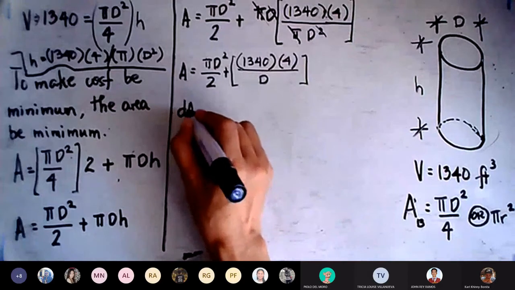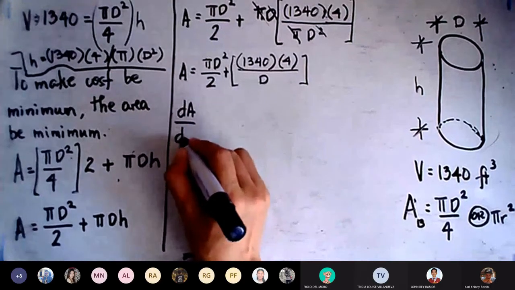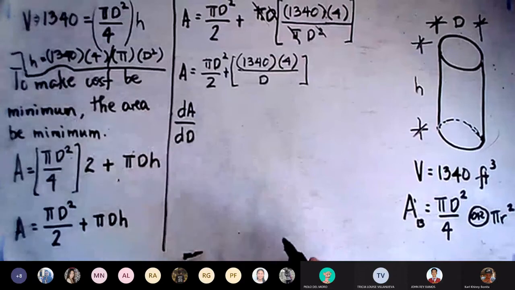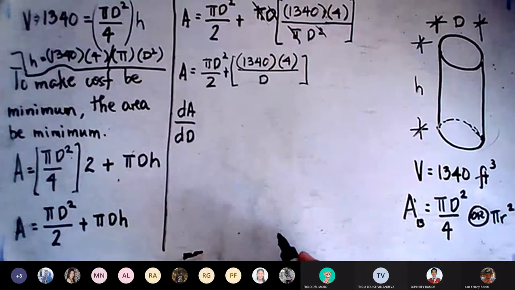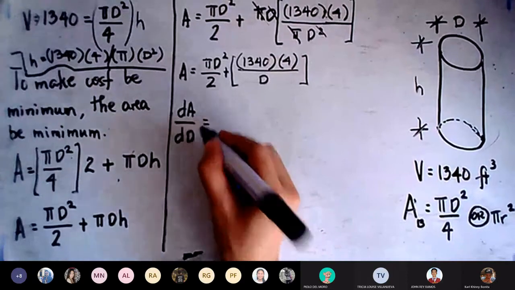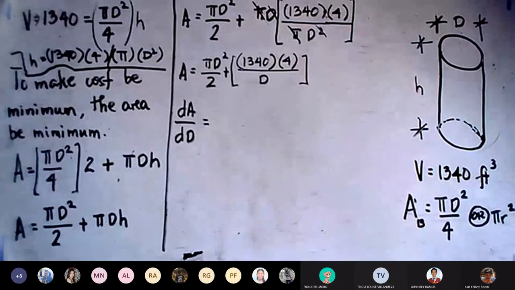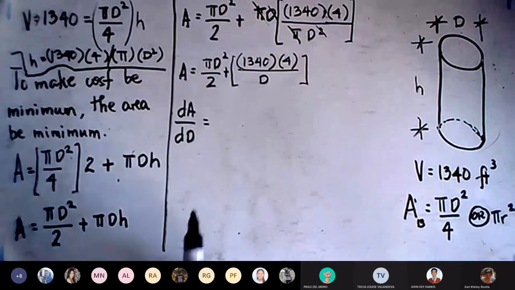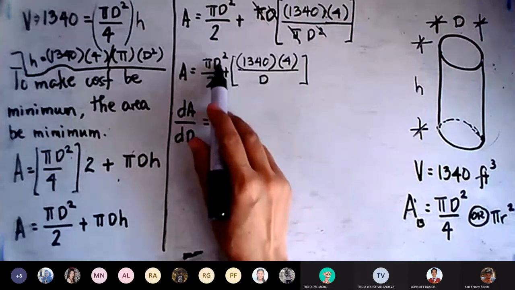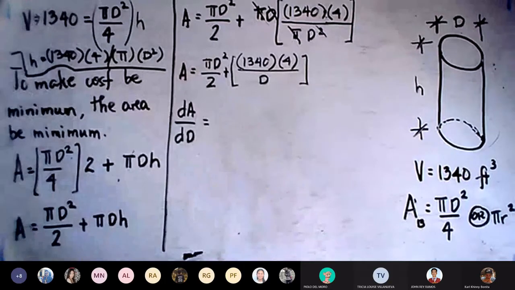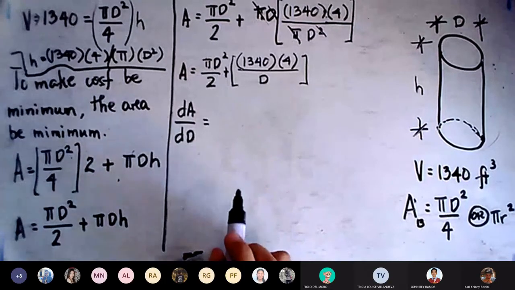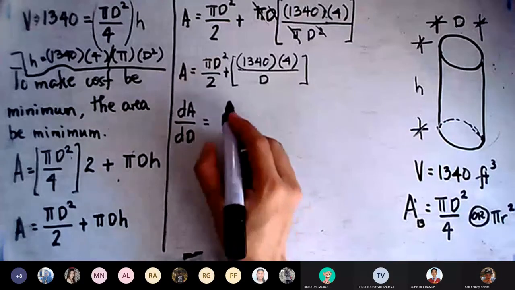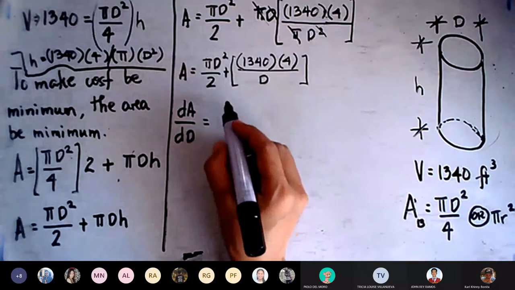So the change in area divided by the change in diameter, dA over dd, is simply equals to. So now we are going to apply the formula for derivatives. You have pi d squared over 2. If you are going to differentiate it, pi over 2 is constant.